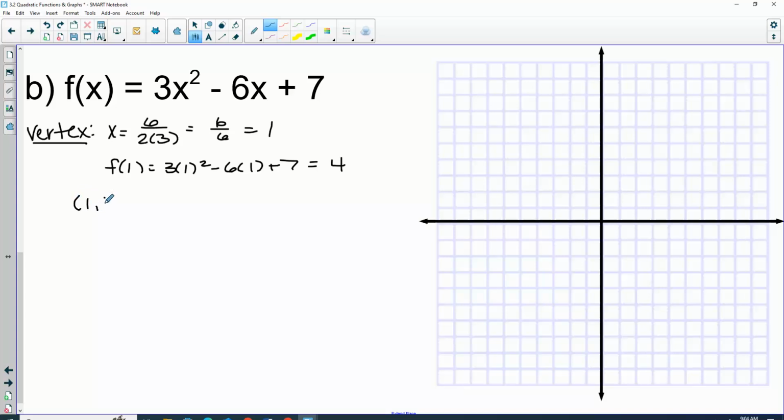The vertex is an ordered pair, so you have to write the x, y: (1, 4). So the x is part of the vertex also, because a vertex is an ordered pair, so you have to find the x and the y.